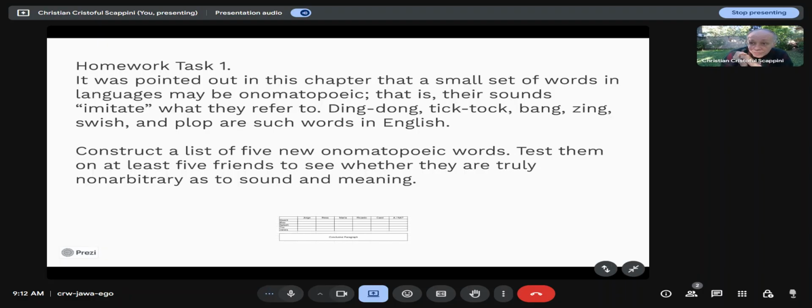Maybe your family, your brothers, sisters, or someone who is next to you, to see whether they are truly non-arbitrary in sound and meaning. Okay? The task then is to prove if people relate the sound to something or not. If they relate that to something, it means that the sound is non-arbitrary. Wow, because we know that in linguistics most words are arbitrary.